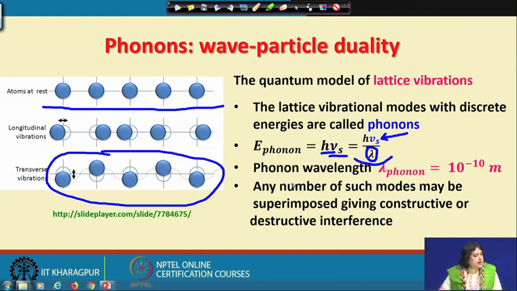The other thing that I would like you to note is that the wavelength of a phonon is 10 to the power minus 10 meter. What was the wavelength of a photon? It was 10 to the power minus 6 meter, and therefore, although both photons and phonons are bosons, they have very different energies when we consider them in detail.